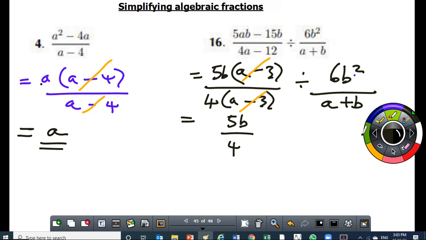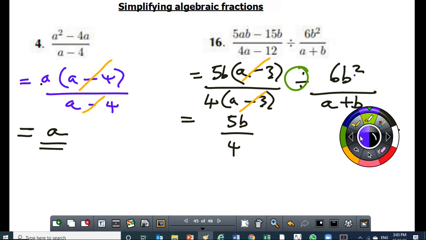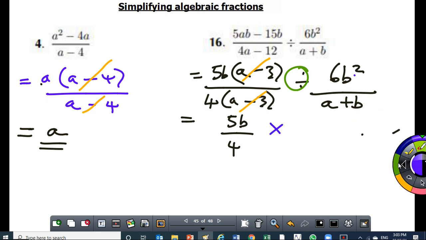Now, because of this division sign, it will be better to convert it to a multiplication. Then you invert the second fraction. So we'll end up having times a plus b all over 6b squared. Then furthermore, you might need to also identify some letters or numbers that are common.